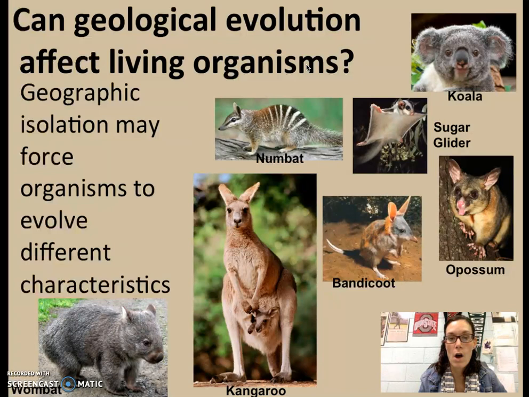Australia has the wombat, the kangaroo, the numbat, and the koala. Because Australia is isolated, it is an island, they have different variations of organisms. And you talked a little bit about that during your biological evolution notes previously, how organisms have changed over time as well.